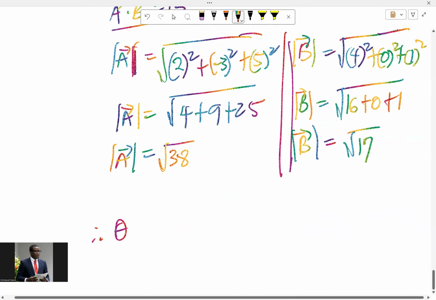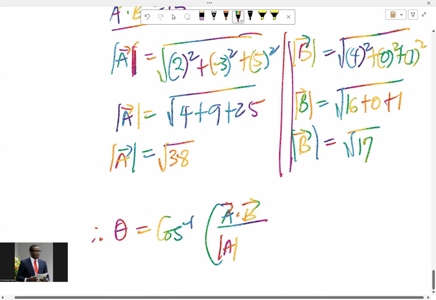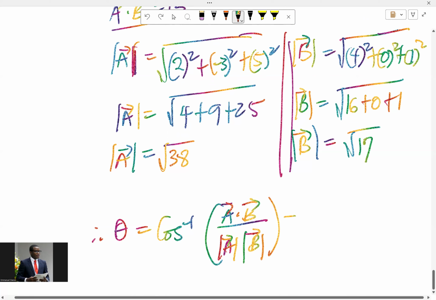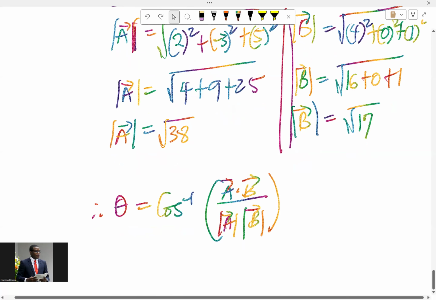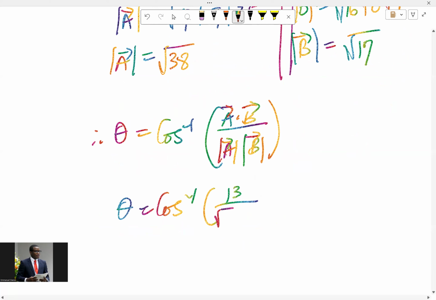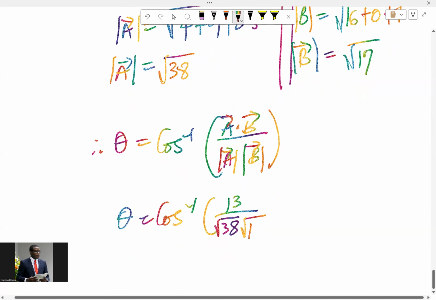Therefore, theta is equal to arc cosine of A dot B, which is 13, all over root 38, that is the magnitude of A, multiplied by the magnitude of B, which is root 17.